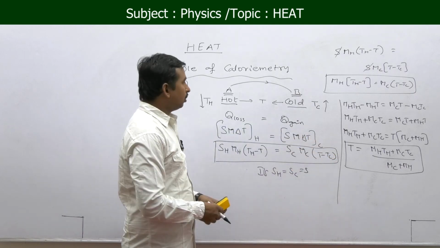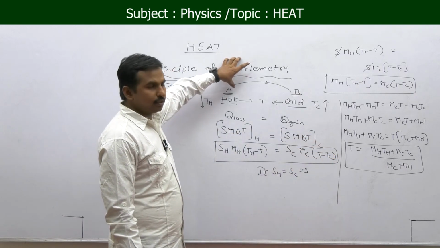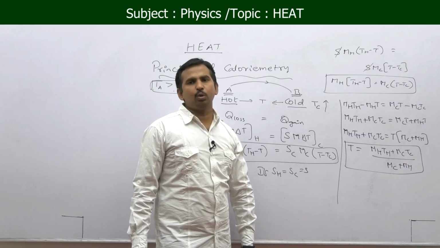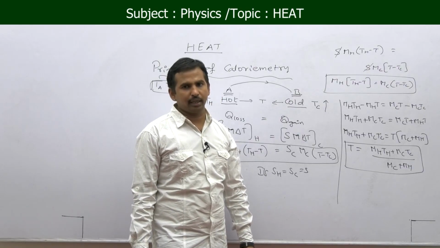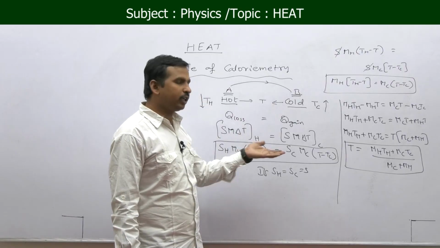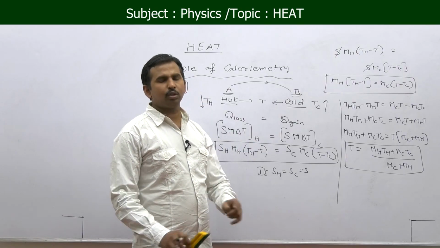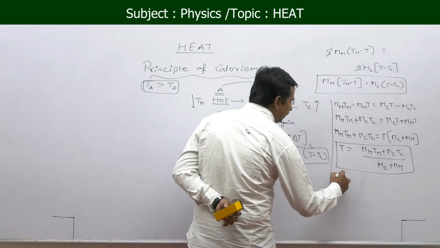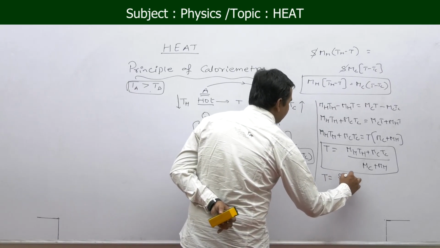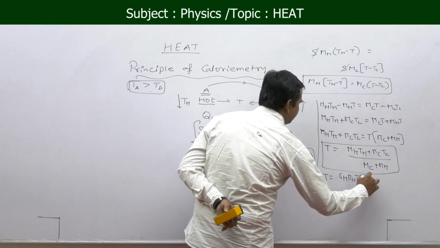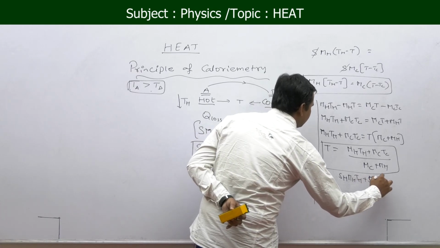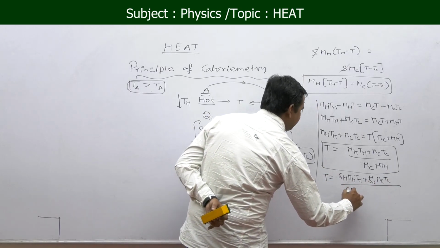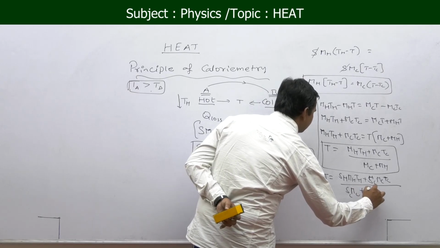Have you understood now? The use of this principle of calorimetry is that we get the final or common temperature when the two bodies are in thermal equilibrium, in contact. If the specific heats are not equal, meaning we are taking two different bodies, then the final temperature T becomes (SH mH TH plus SC MC TC) by (SC MC plus SH MH).